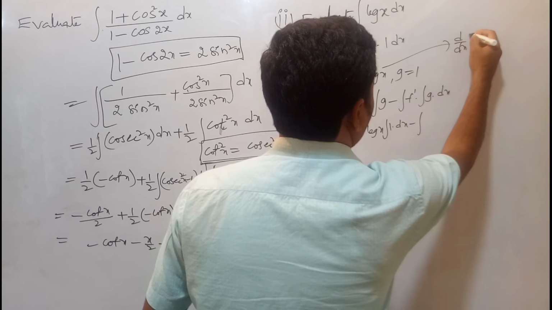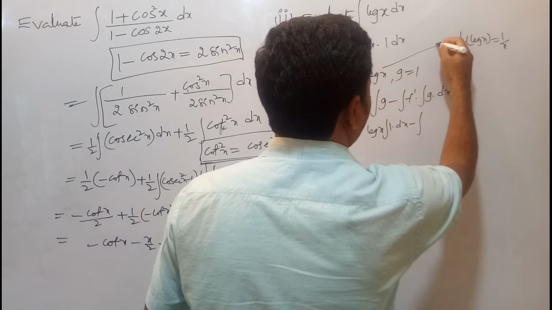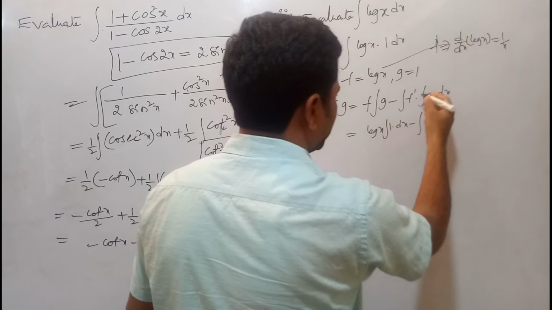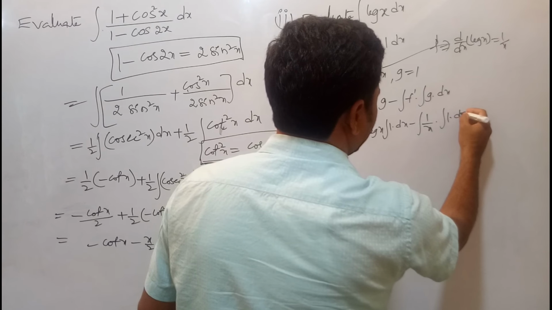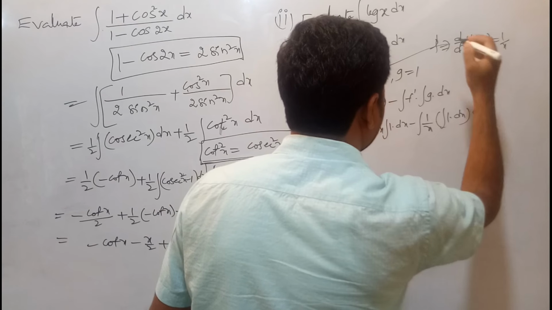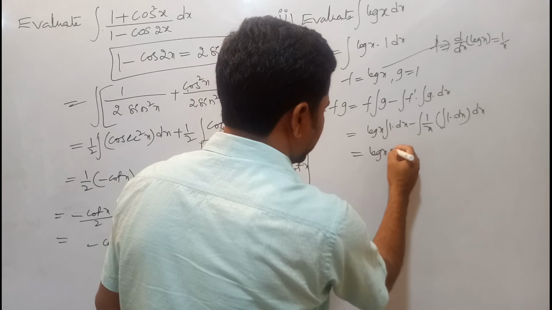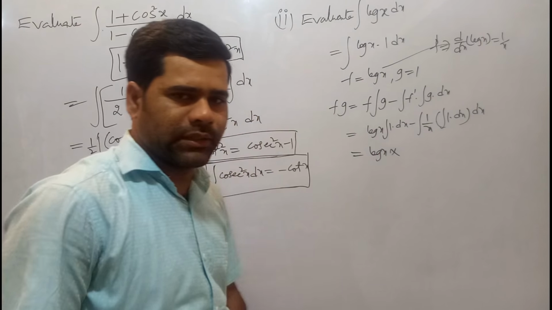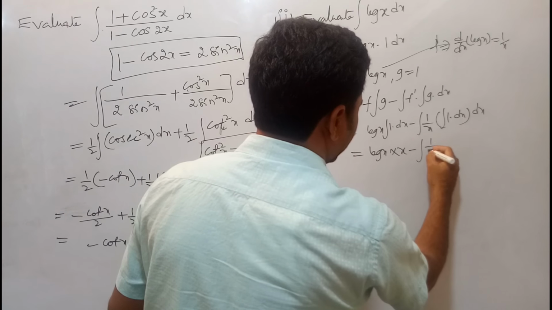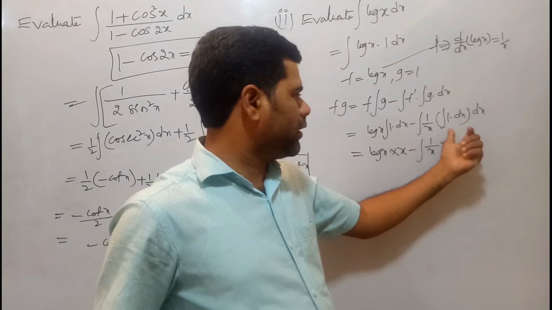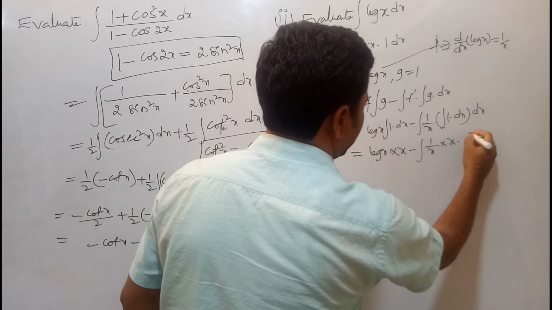d by dx of log x is equal to 1 by x. This is nothing but f dash. So integral 1 by x into integral 1 into dx, into dx. So log x into integral 1 into dx, which is x, minus integral 1 by x into x dx.